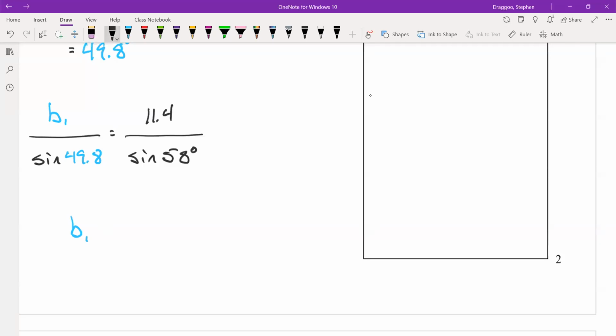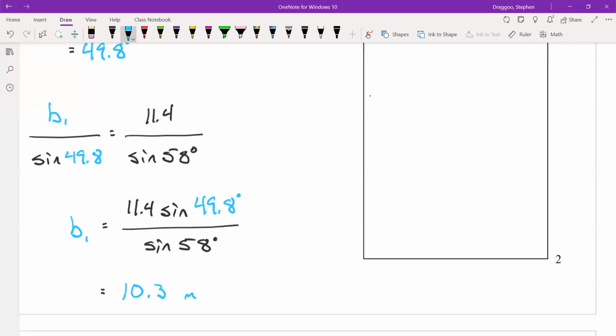B1 then is 11.4 times the sine of 49.8 degrees divided by the sine of 58 degrees. Which in turn is 10.3.